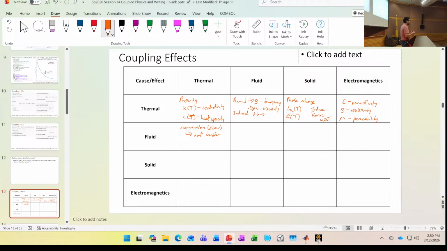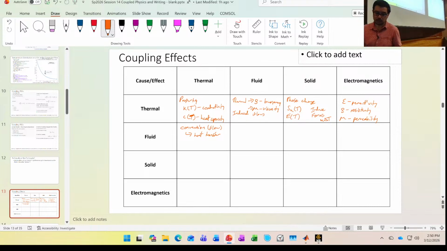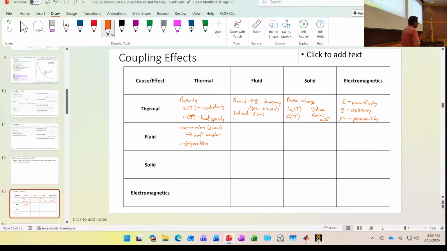It passes by some type of warmer surface, sucks all that heat in, phase changes, and we repeat. So refrigeration is a good example here. And heating is a good example too. We have convective, so we got both. All right, how does a fluid system couple into a fluid system?